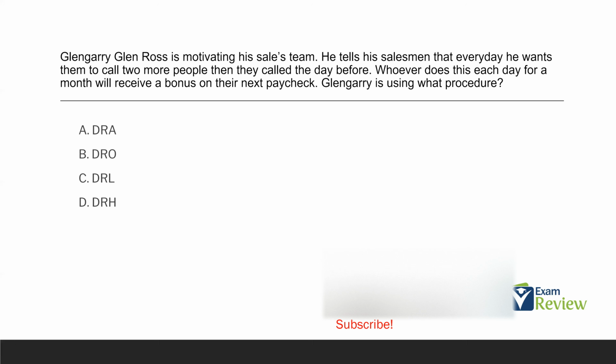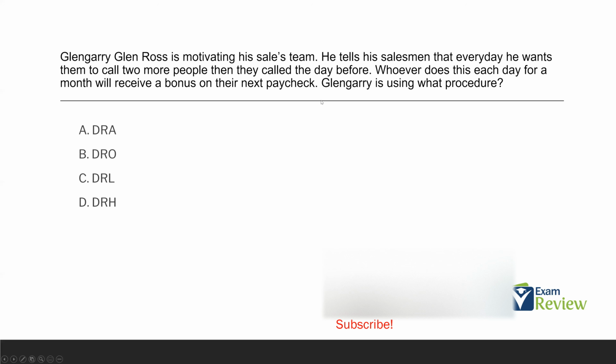We're setting a criterion, setting an interval, and then reinforcing if their behavior goes above that criterion. So are we looking at DRL? No, with a DRL we'd be setting a lower criterion in an attempt to decrease the behavior. Glenn Ross is setting a criterion to increase the calls. He says he wants them to call 2 more people than the day before.